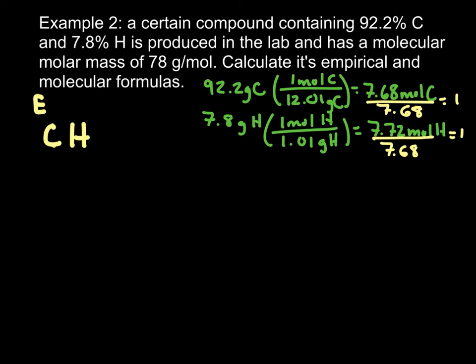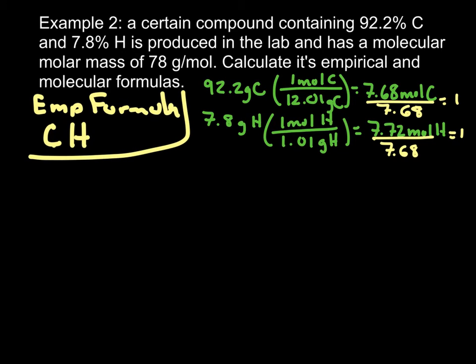So here's our empirical formula. Let's apply that to calculate the molecular formula. We first have to get the factor by which we're going to multiply the subscripts of the empirical formula. In order to do this, we need to use the molar mass that's given to us in the problem of the molecular formula.